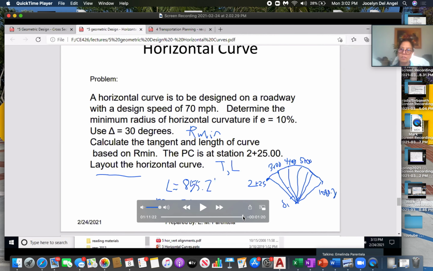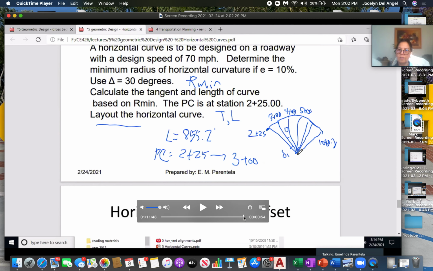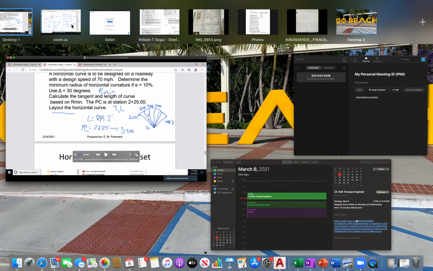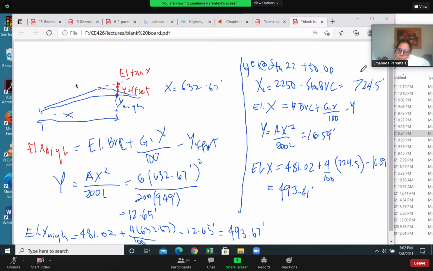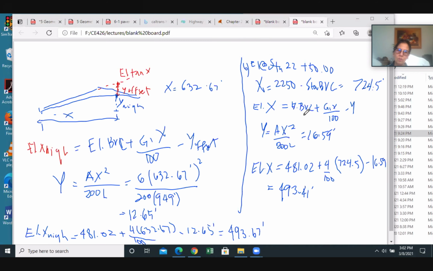Okay, so is there any question here? So first, again, we needed to know what the value of x here is with respect to the BBC. So we get 724.5. Knowing that, you can calculate your offset. So y is ax squared over 200L, which is 16.59.